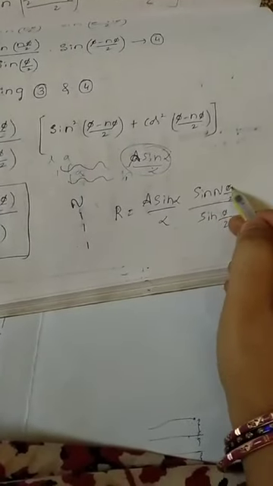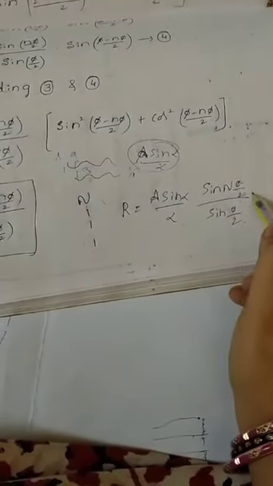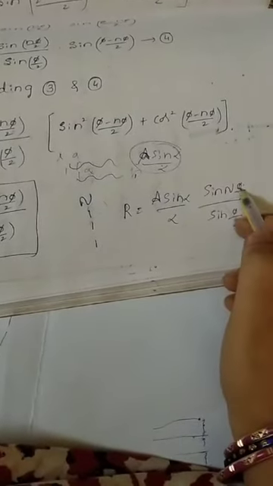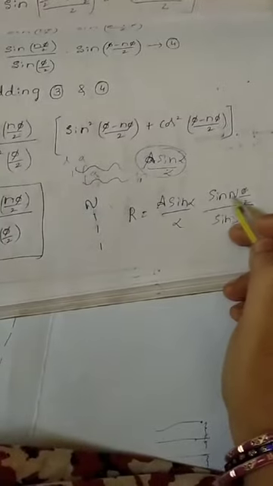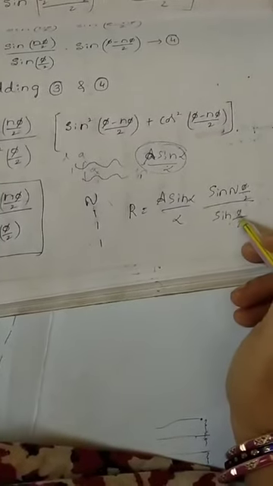But phi can be written as 2 beta, just now we have proved. If I replace phi with 2 beta, the 2 and 2 get cancelled. Then I can write sin N beta by sin beta. So this is the net amplitude due to N number of slits.